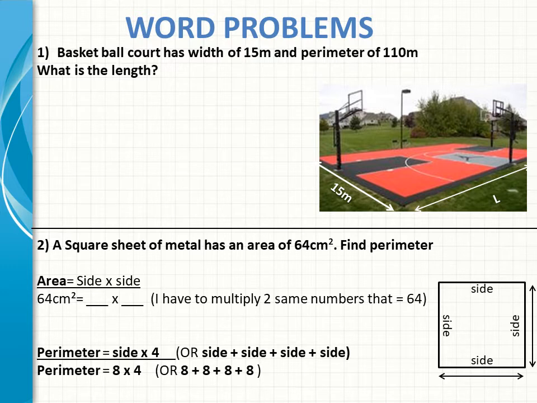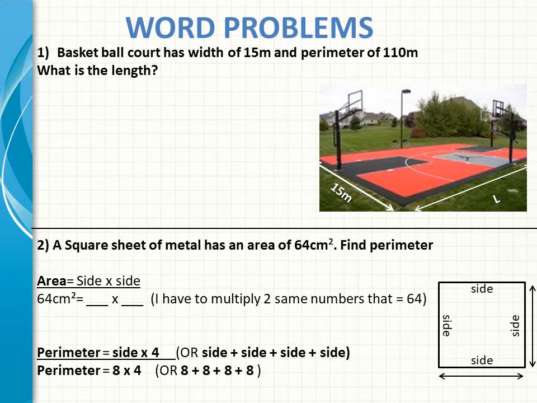So that means to find the length of this side and that side, we have to add 15 with 15 on the other side. Then we subtract from the total size which was given to us as 110. With that, we will be able to know the length. Easy, right? Okay.